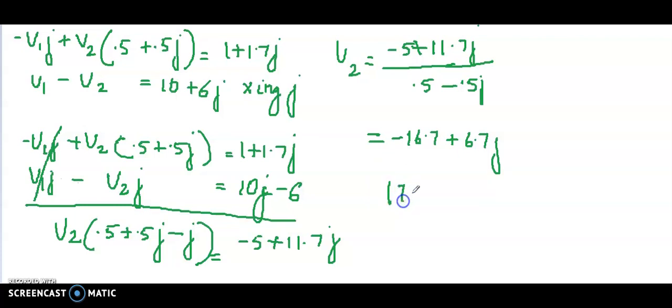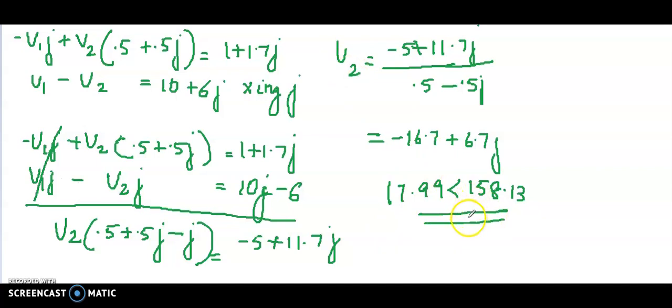You will get it as 17.99 angle 158.13. That is the voltage across the capacitor, that is V2. We have to find V2, and that is the voltage across the capacitor.